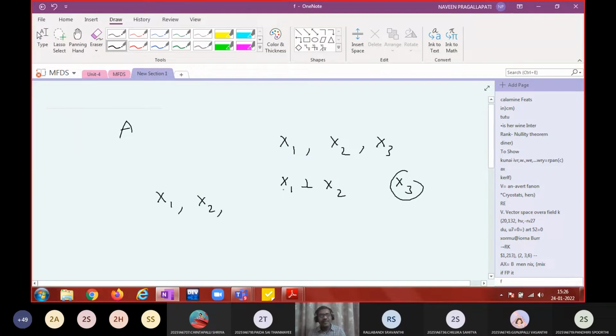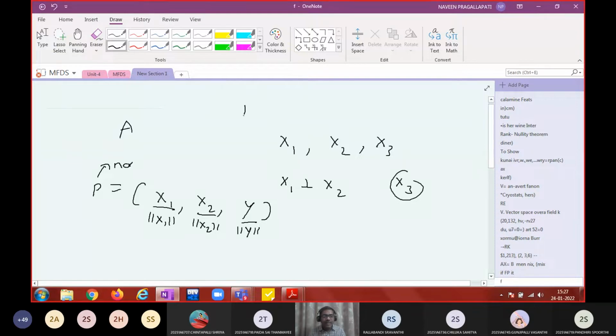The simplest way is to take the cross product of x1 and x2. That is the vector which is perpendicular to the plane containing x1 and x2. Form this as a matrix. If you divide each vector by its norm, that is going to be an orthogonal matrix. This is called the normalized model matrix.